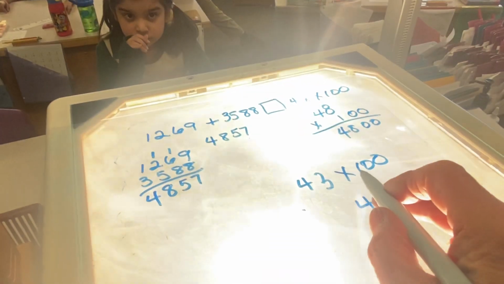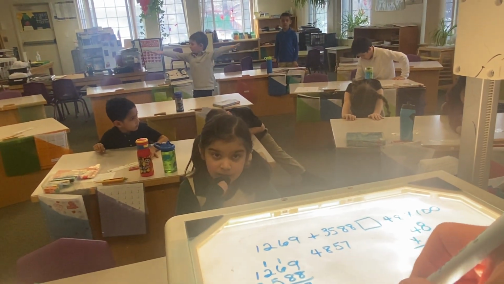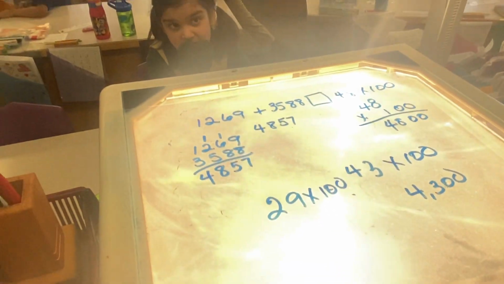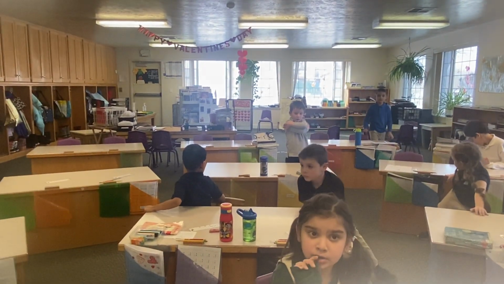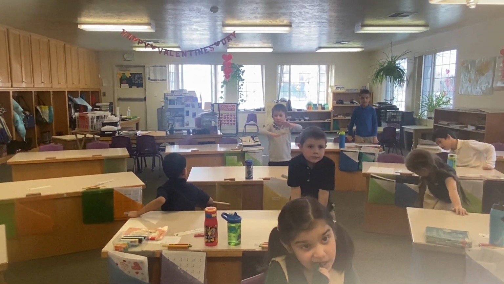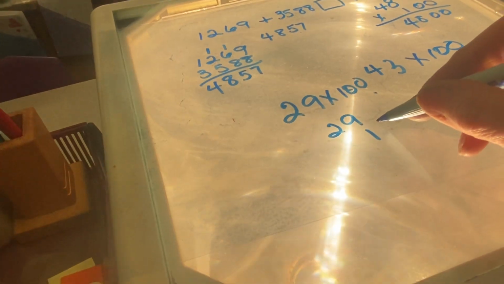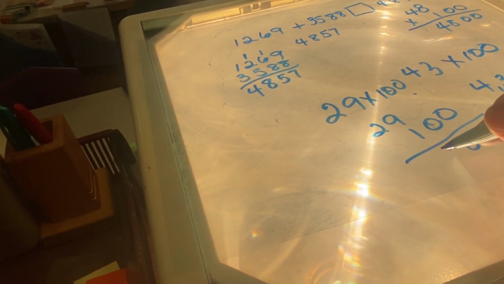It's like 1 times 43 plus those 2 zeros. What if it was 29 times 100? Harry? 2,900. Oh, yes. Look at that. We just add that many zeros. It's like 1 times 29, and then just adding those 2 zeros.